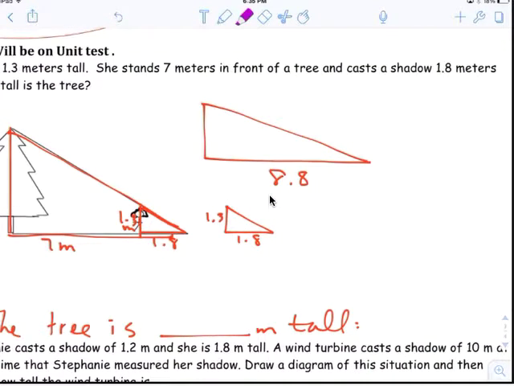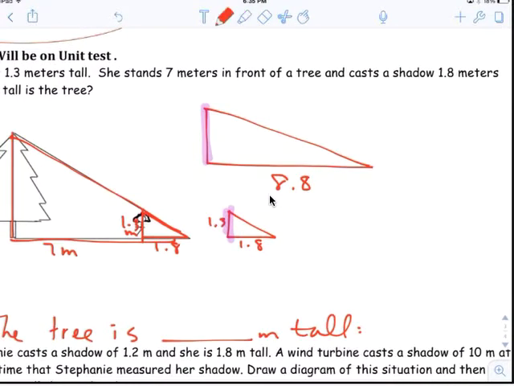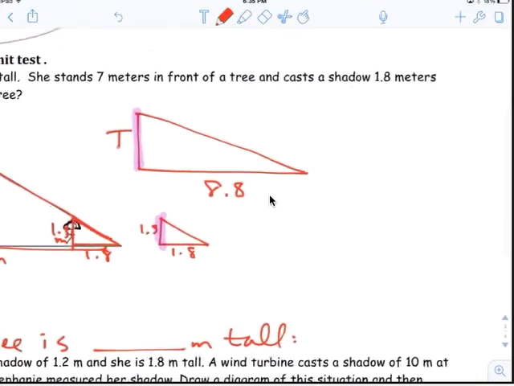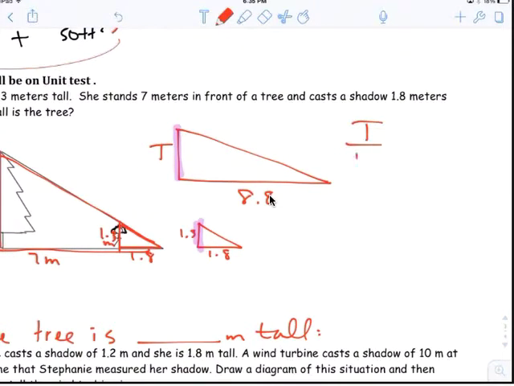You can use corresponding sides. This one corresponds with that. How tall is the tree? We'll put T for the tree. Tree with Tanya, 1.3. So T over 1.3 equals 8.8 over 1.8. And you solve that for the height of the tree. Okay?